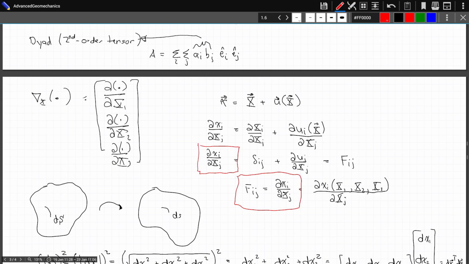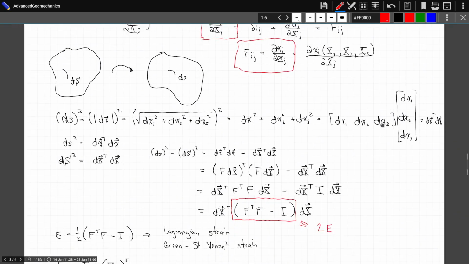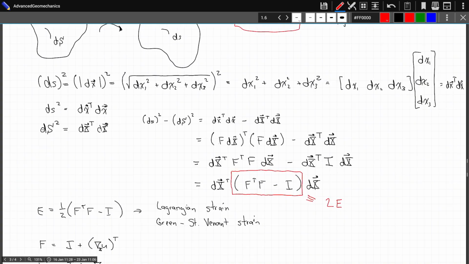All right. So again, what the deformation gradient does is it takes vectors in the reference configuration and maps them into vectors in the current configuration. And then from that, we can define basically strain, right?